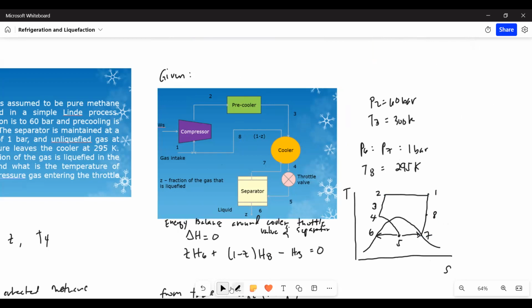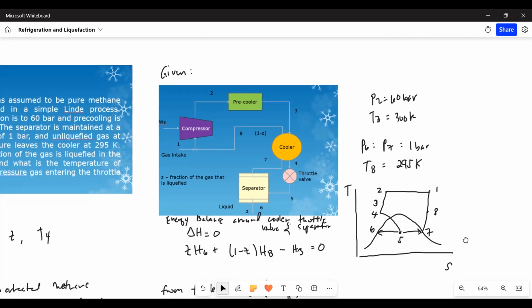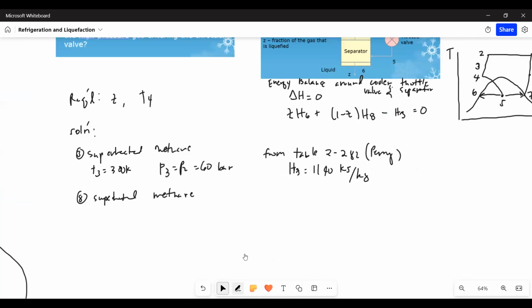We know T8 is given. But do we know P8? How about the pressure? Right, so we need two parameters. We already have the temperature, T8 is 295 Kelvin. How about P8?